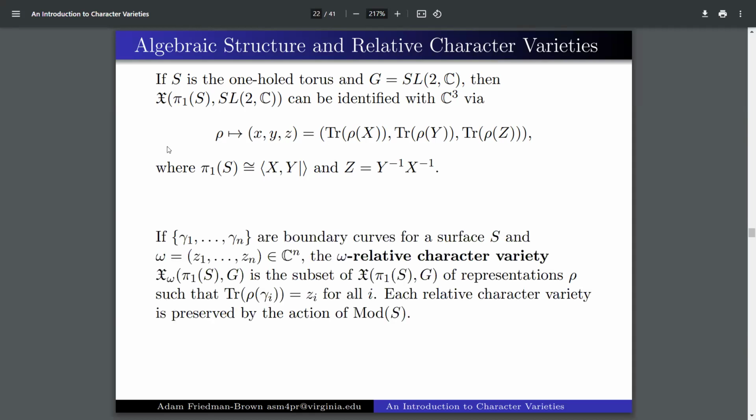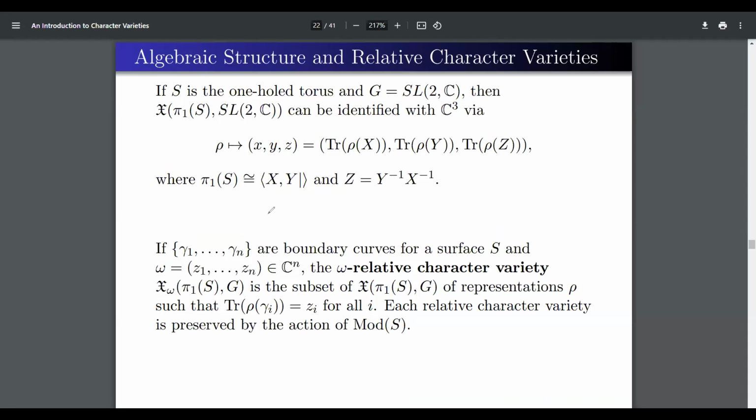And let me draw out what those are. But let's take a little one-holed torus. So that's the same as a torus, but there's just an open disk taken out of it, leaving this compact manifold behind.